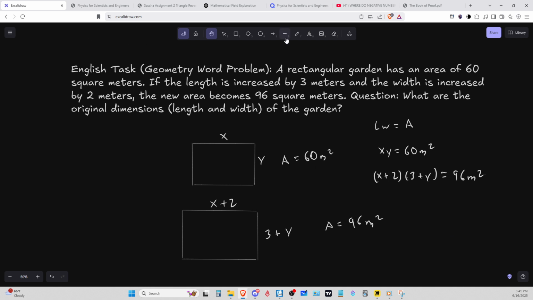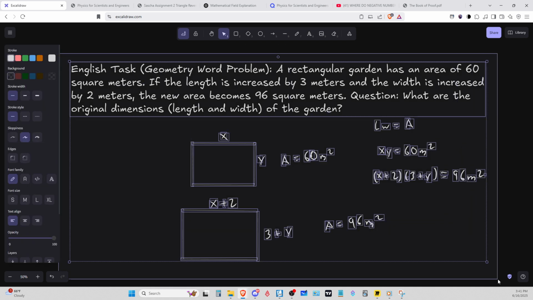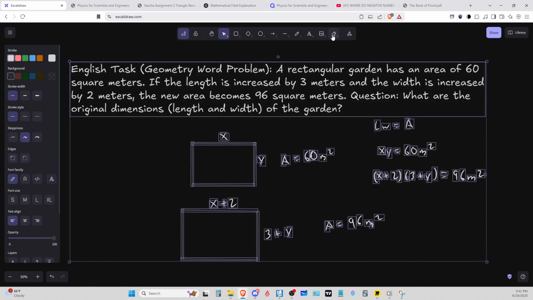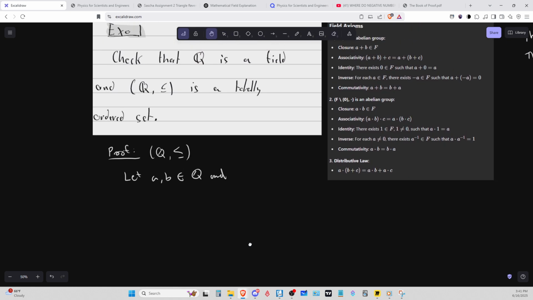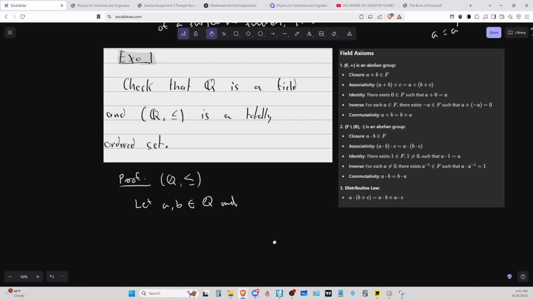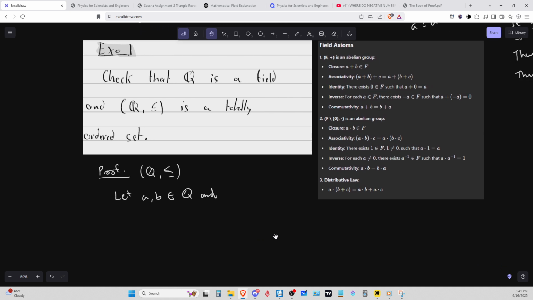Okay, so I think we can erase this. Now I actually have to, because this is a relation between less than and less than or equal to.